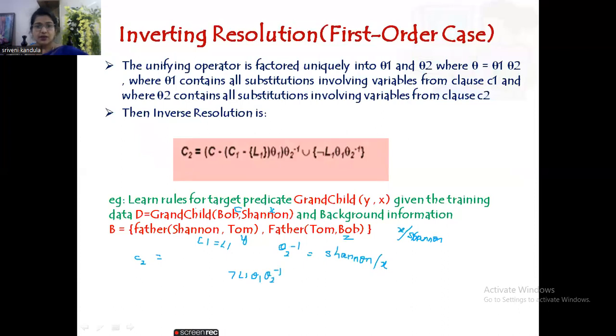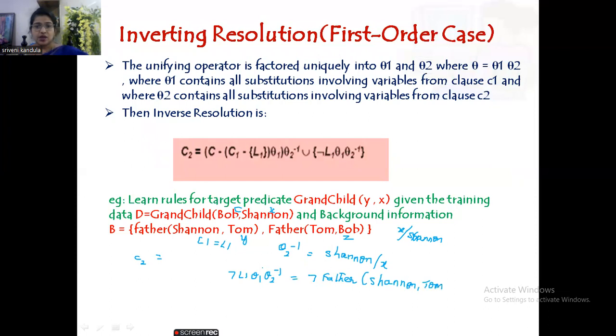What is my L1? It is father of Shannon comma Tom. This has to be taken in the negated form, so negation of father of Shannon comma Tom. This I have taken.